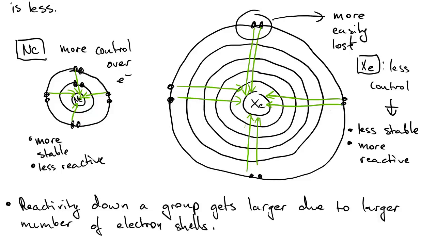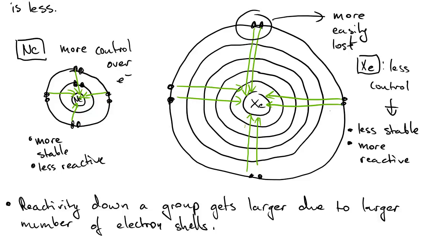You could see that clearly in the neon and xenon examples. Xenon has more electron shells. Those electrons are going to be hard to control, and therefore xenon is going to become more reactive. Neon, on the other hand, has a good grasp of those valence electrons. They're really pulling towards the center, and as a result, neon is going to be less reactive.